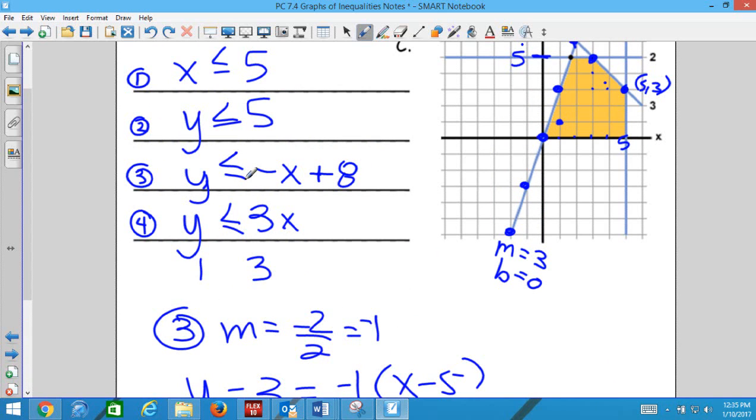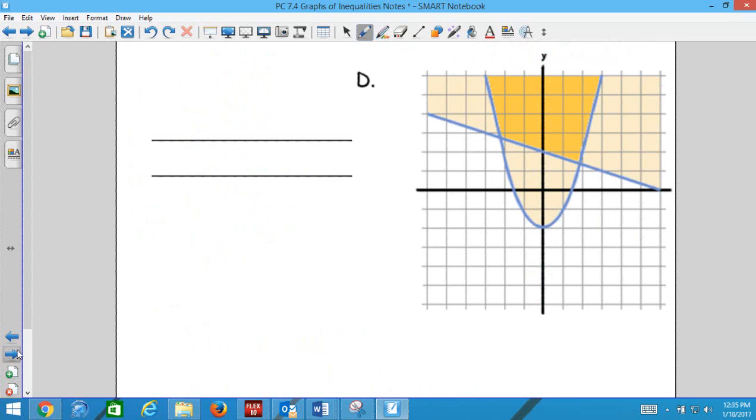All right, last one. Can you find the equation of the line on example D? We just did a bunch of examples with lines. Can you find the equation of the line? We'll call that equation 1.